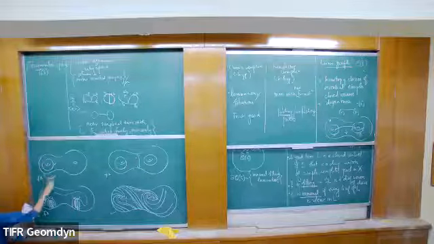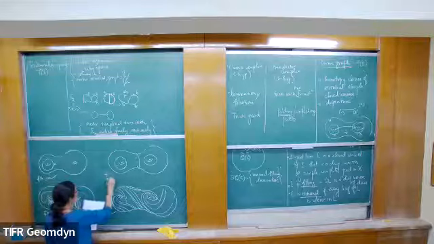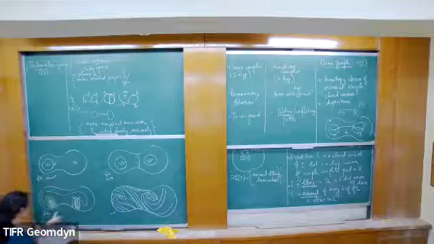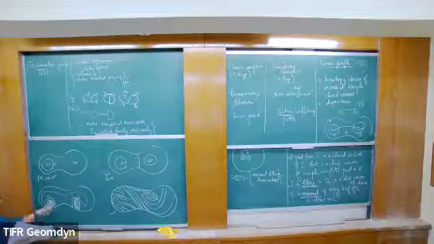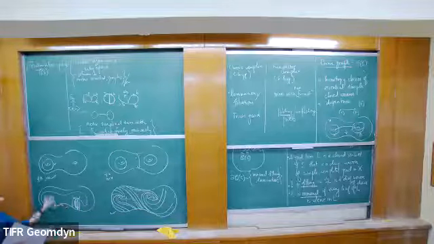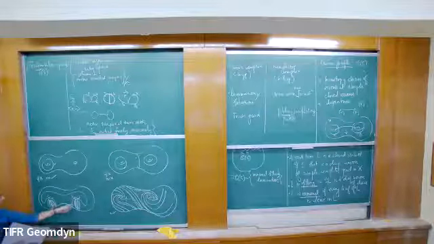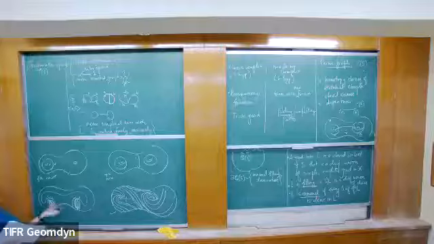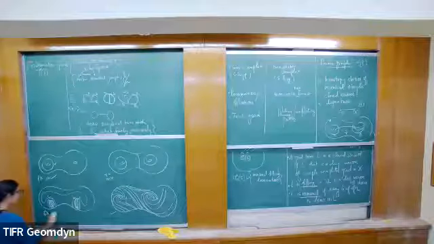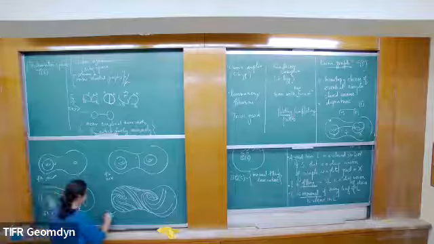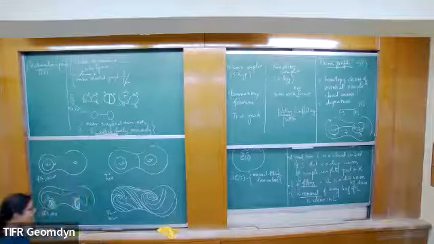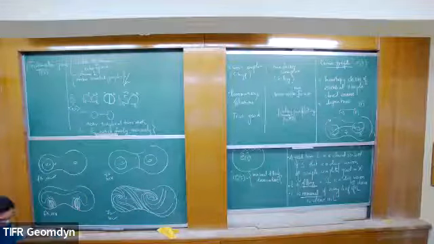So this is minimal. This is not minimal. The closure of this white leaf is the whole lamination, but the red leaves' closure is not the whole lamination. So this is not minimal. And again here, I was trying to draw something minimal.